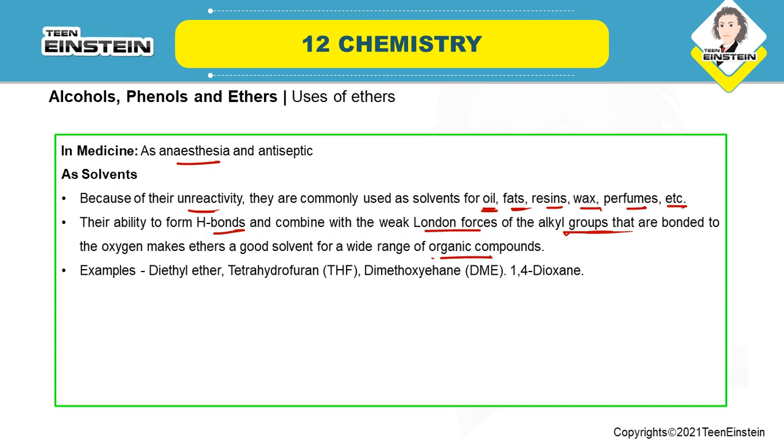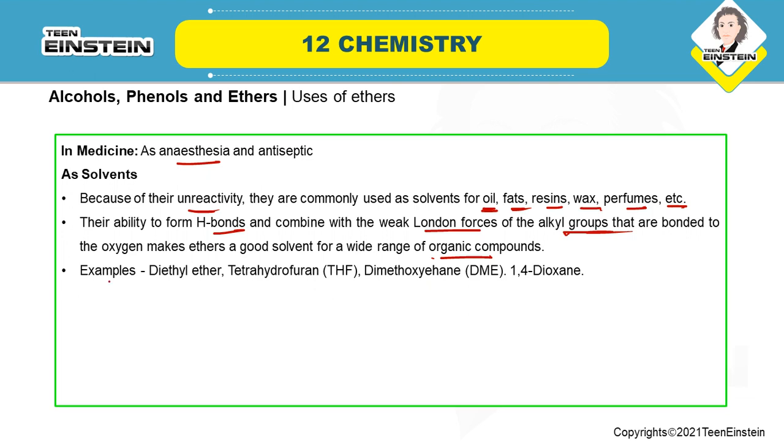So they can form hydrogen bonds because of the presence of oxygen, and also there are some alkyl groups present, and when a nonpolar alkyl group is present, weak London force is also present. So here you can see both polar region and non-polar region are present. That is why they are very versatile when the question is whether they can act as solvent or not. So as solvent their application is very versatile.